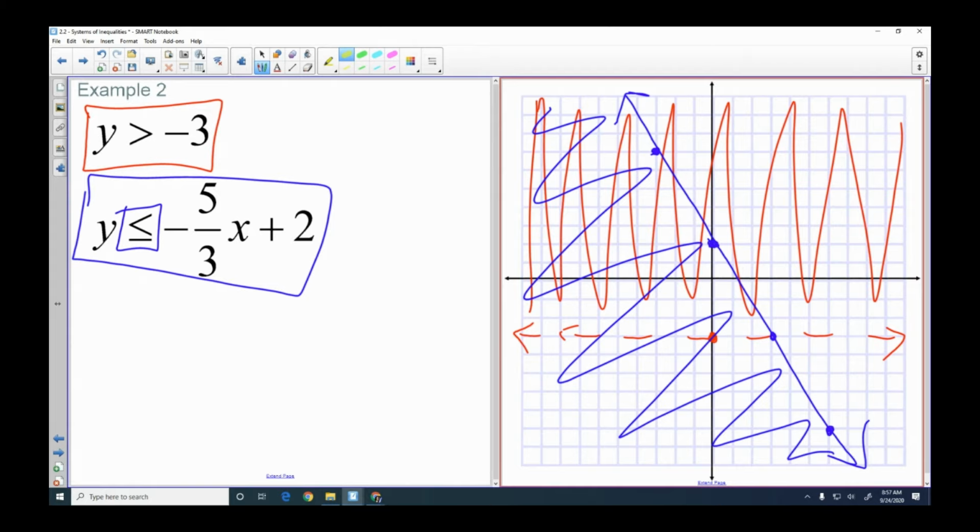And so that's right here. Right there. So everything inside that highlight would be my feasible region. Any point, any ordered pair inside of there would be a solution to this system of inequalities.